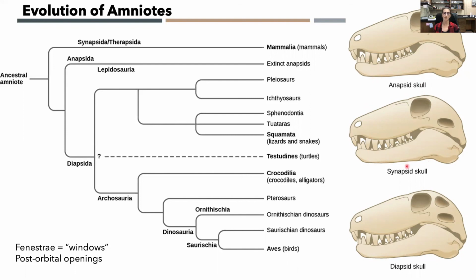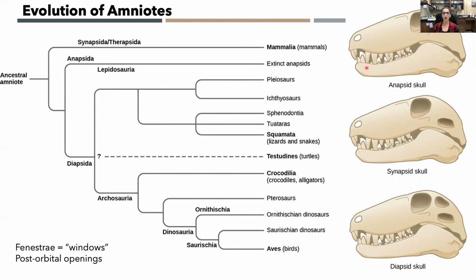Synapsid skulls have one fenestral opening, one post-orbital hole. We call it synapsid. And then finally, our diapsid skulls have 2 post-orbital fenestrae, 2 openings past the eye opening. So these holes define the different subgroups of our amniotes.